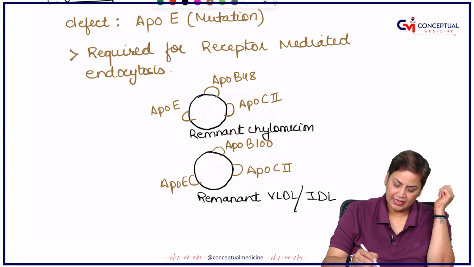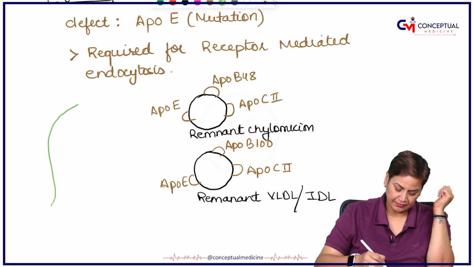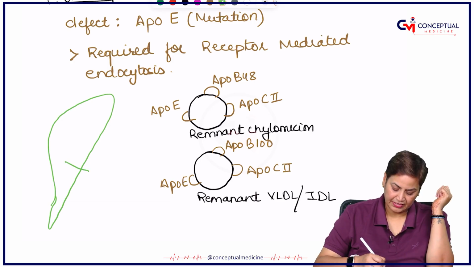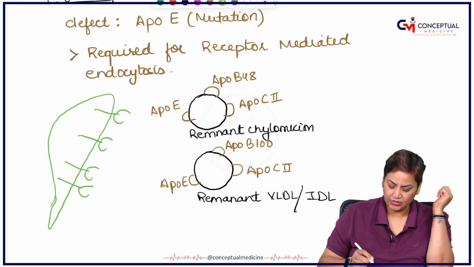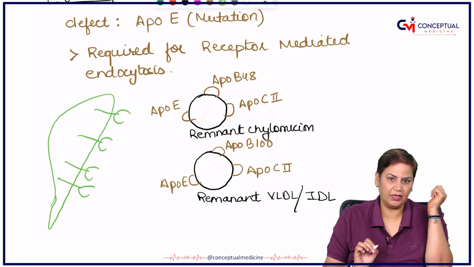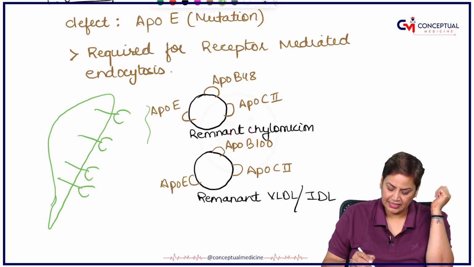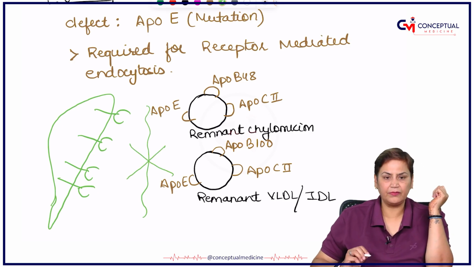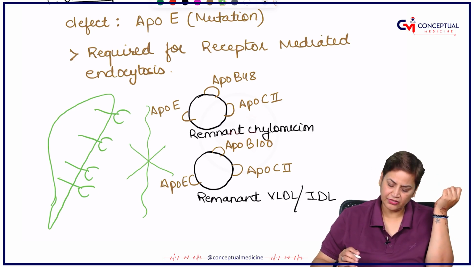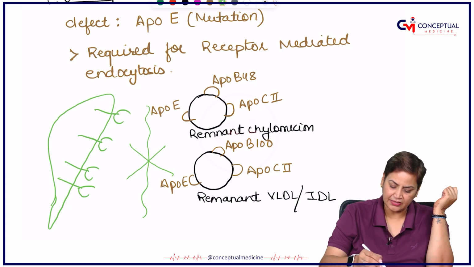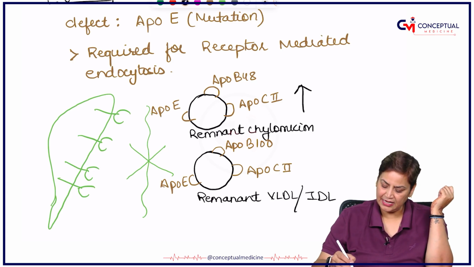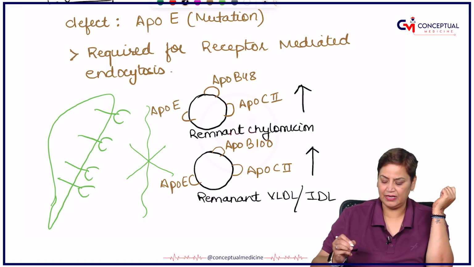And what happens here is the liver, which has an antenna shaped molecule which is going to accept this Apo E. Now this Apo E is defective. So whose concentration will increase? Obviously the concentration of remnant chylomicrons will increase and remnant VLDL will increase.